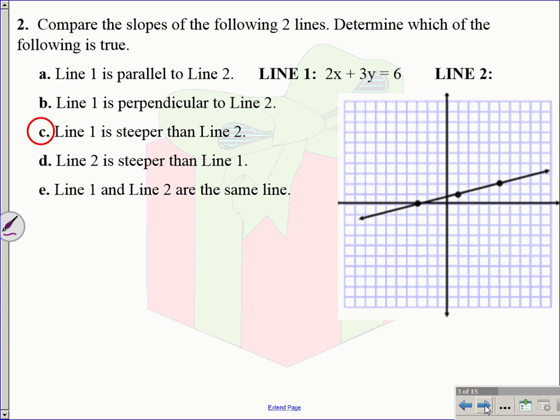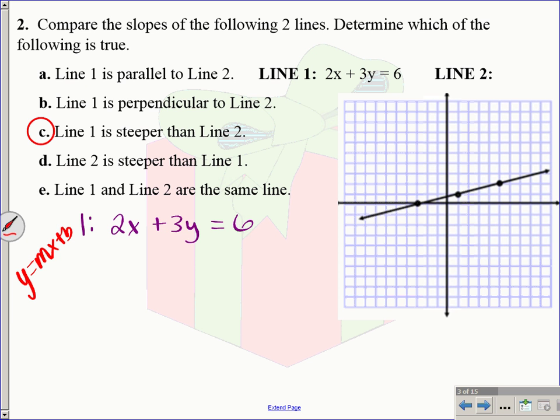Number 2 says to compare the slopes of the following two lines, determine which of the following is true. Well, for line 1, in order to get the slope, we actually have to first change the equation to slope-intercept form. So remember, slope-intercept form is y equals mx plus b.